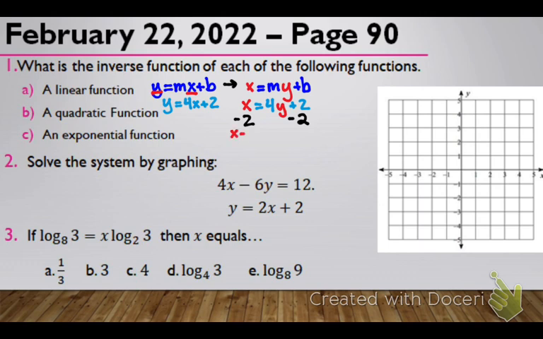I have x minus 2 equals 4y. I want to keep solving for y. What do I do to solve for y? I want to divide everything by 4.